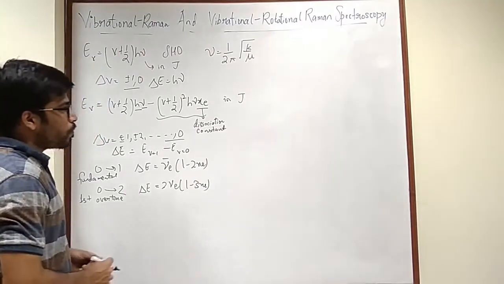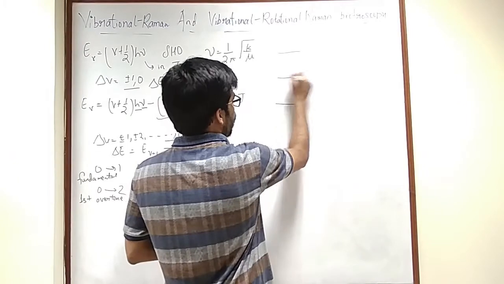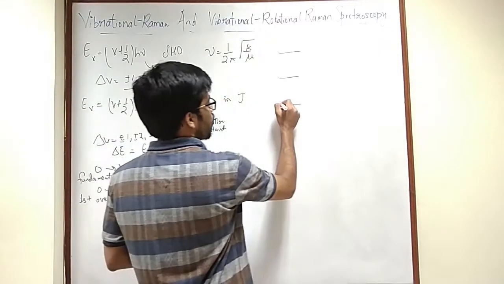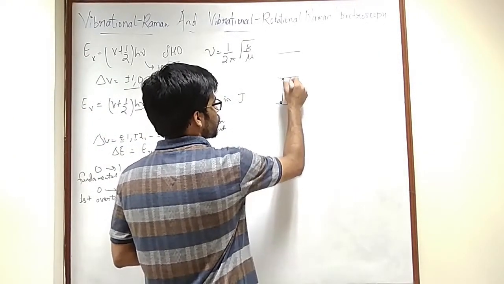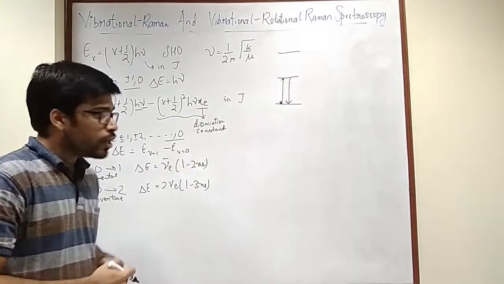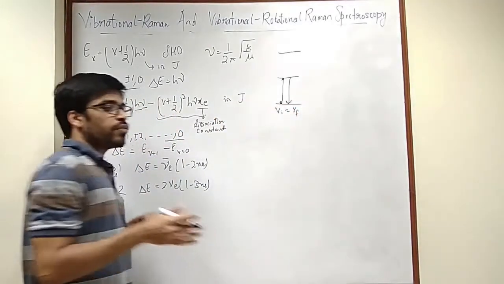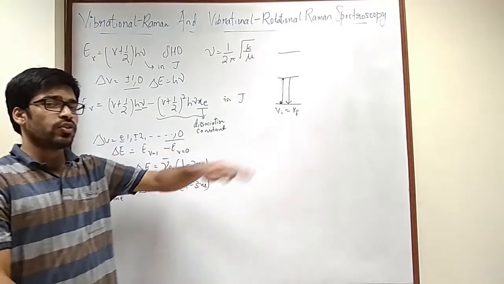So why would that be? Let's say these are your vibrational energy levels. The molecule absorbs some energy, does the transition, and again comes back to the same energy level where it started. So in that case, Vi is equal to Vf and delta V equals 0. We had seen this is the case of Rayleigh lines.